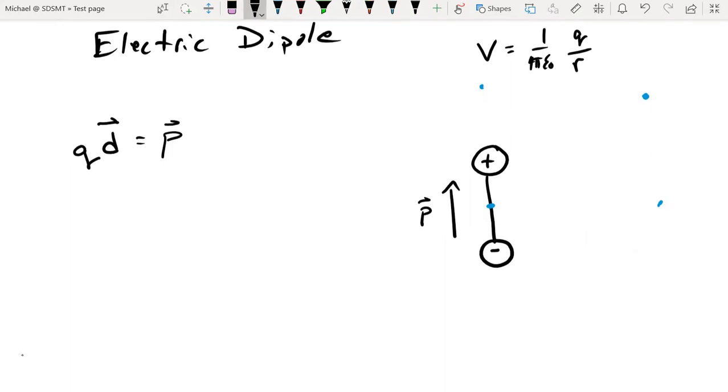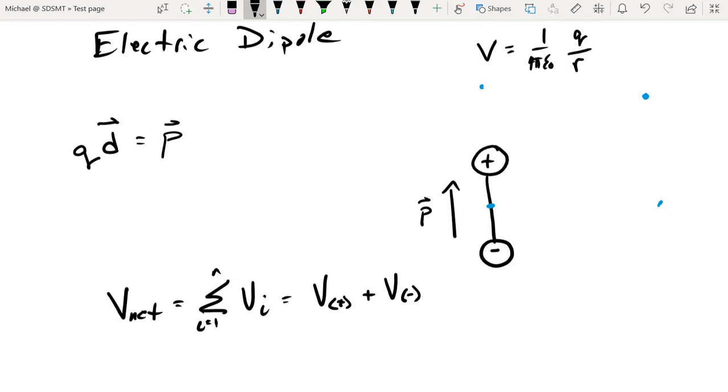No matter what point in space we look at to measure the potential of the system, keep in mind that what we're really doing is looking for the net potential that is produced by all of the charges in the system. So in our case, we have the positive charge of the dipole and the negative charge of the dipole.